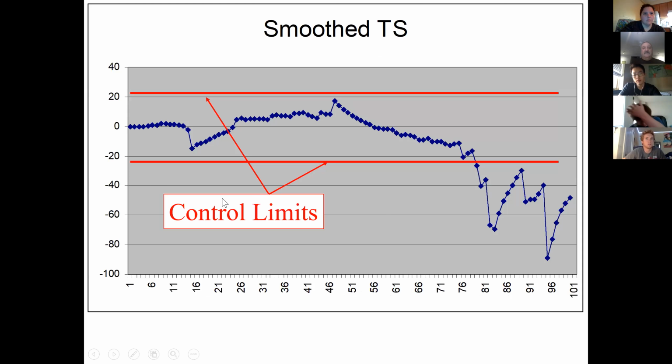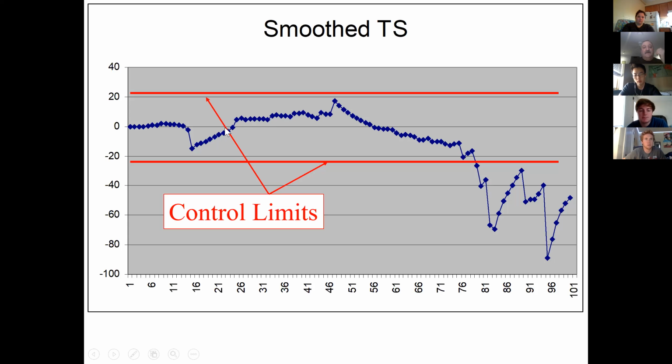So what we're going to do is use a tracking signal. One way to think of it is you can think of these values here as the forecast errors each period, the actual minus the forecast. And basically you can find some control limits.